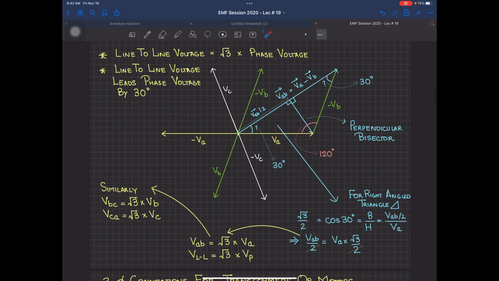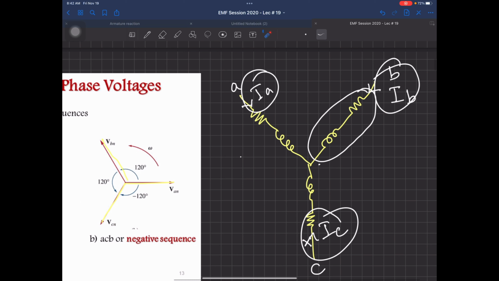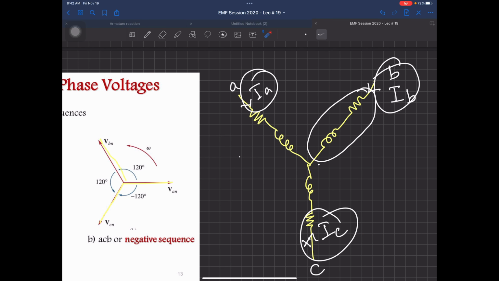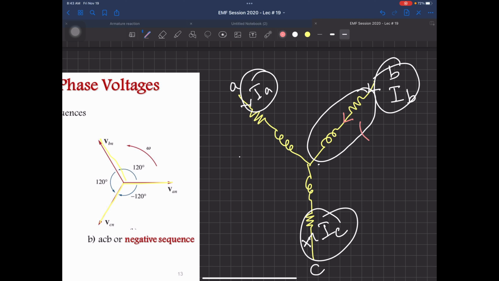Now if I go back on the diagram over here, if this diagram is a 3-phase Y connected load, can you tell me what is this current which is flowing over here? Since I have called this one as IB, this current that is flowing over here is IA, and this current flowing over here is IC.